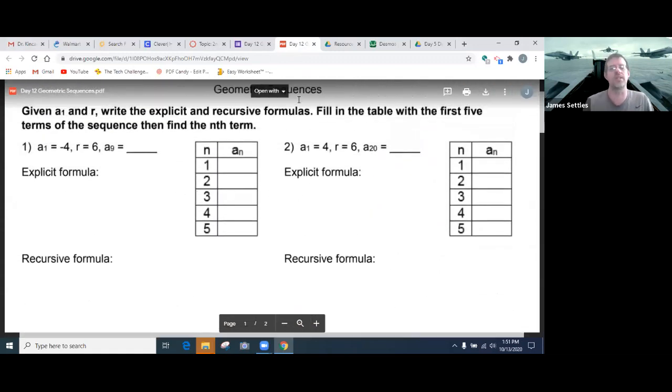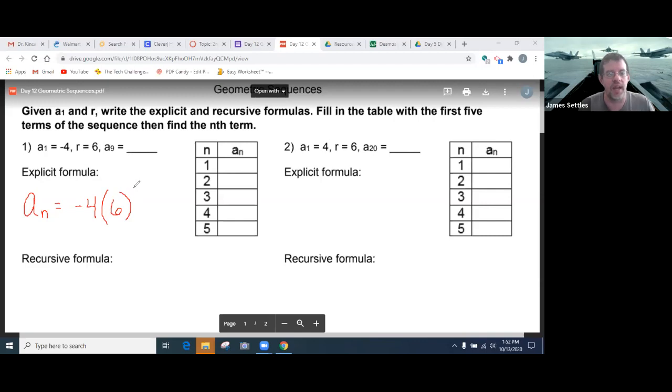This almost looks like the exact same worksheet that we did on Friday, except now instead of giving us a difference, they're giving us a ratio. So we're going to start off writing a sub n is equal to, in both formulas, it always starts with a1. So -4, parentheses, and then the ratio goes inside the parentheses.